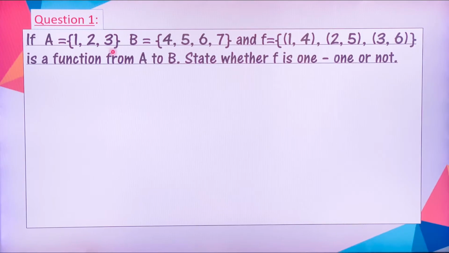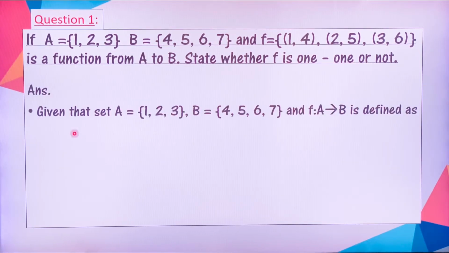Let's do some questions. Question 1. If A is equal to the set {1, 2, 3}, B is equal to the set {4, 5, 6, 7} and f equals {(1, 4), (2, 5), (3, 6)} is a function from A to B, state whether f is one-one or not. See the question.